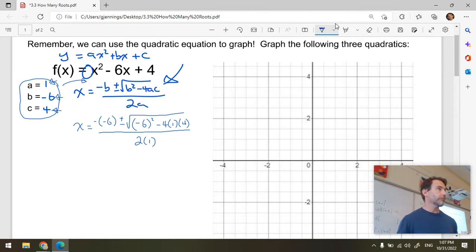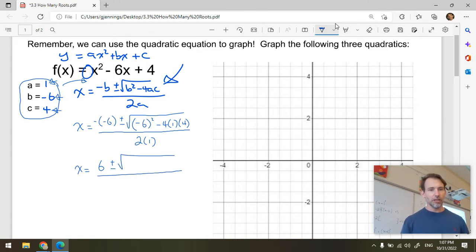And that's it. Now we evaluate with BEDMAS. We're going to want to evaluate inside the square root sign first. That's like a big bracket. So let's go. We have x is equal to negative 6 is just 6, plus or minus this great big square root here.